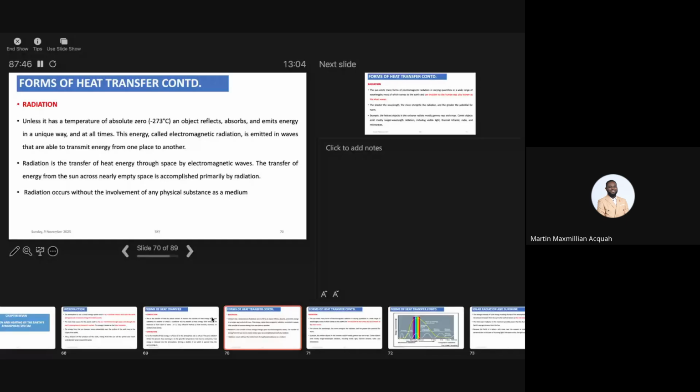That contact is what we call insulation. After the insulation, heat will be transferred, and that becomes radiation.